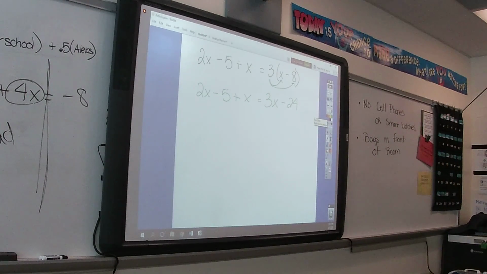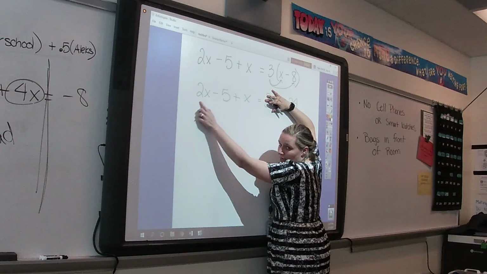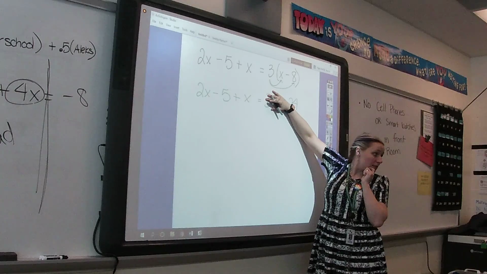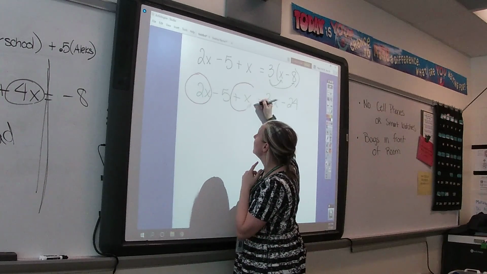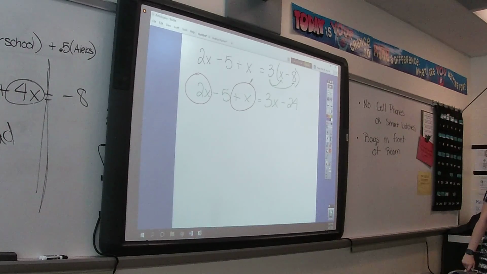Okay, then it says if there are like terms, combine them. So do we have like terms we can get together on this side of the equal sign? Yes. So we have a 2x plus x. Are those on the same side of the equal sign or are they on opposite sides?